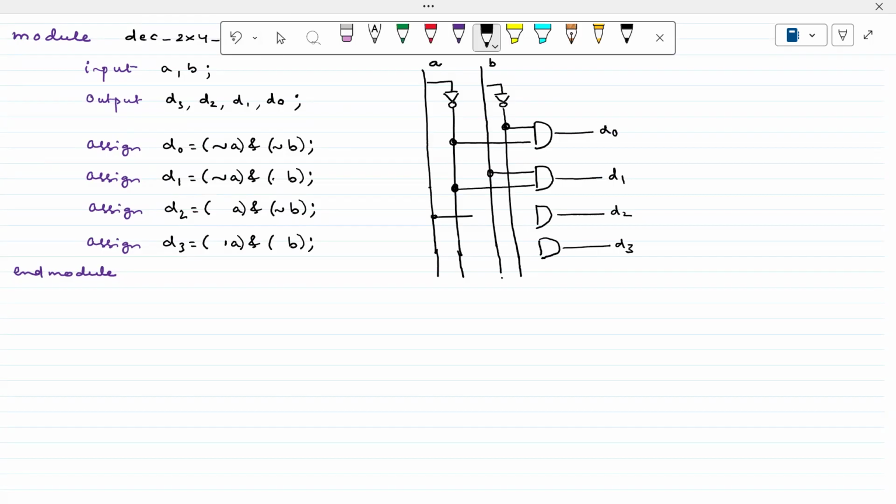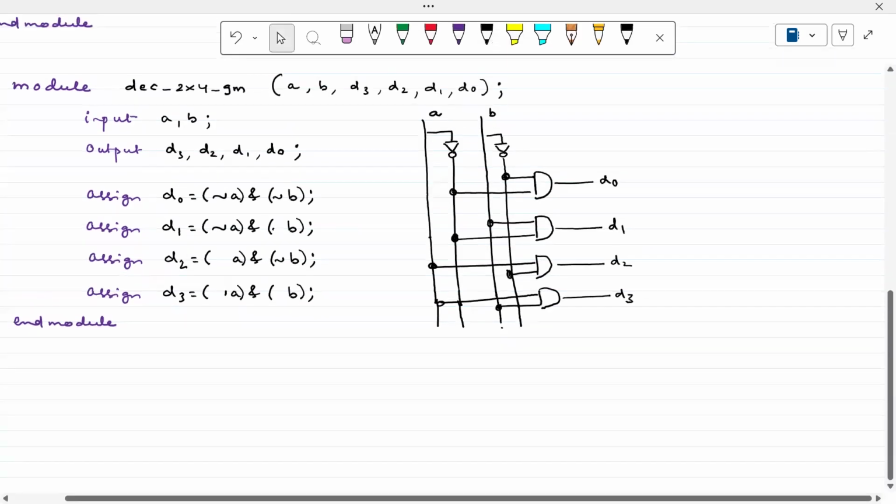Next, A is required here, and A bar is required here. Here, A is required, B is required. Hopefully, this is the logic diagram for the gate level circuit of the 2x4 decoder.